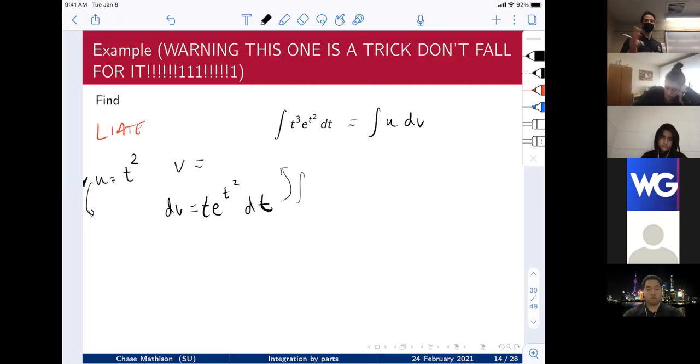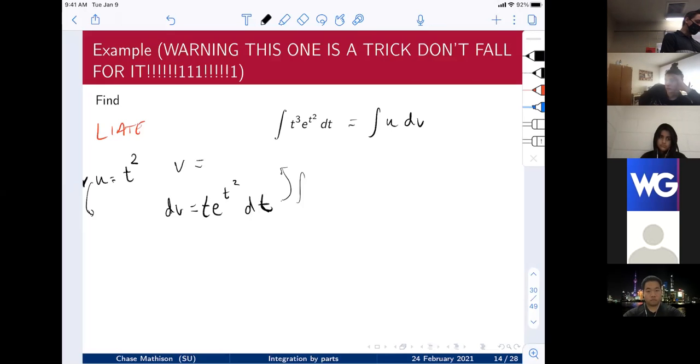You can't just write a simple answer. But we can integrate t e to the t squared. So that's why in this case I would pick u to be t squared and dv to be t e to the t squared. Really, I would pick dv first to be the thing that I know how to integrate.